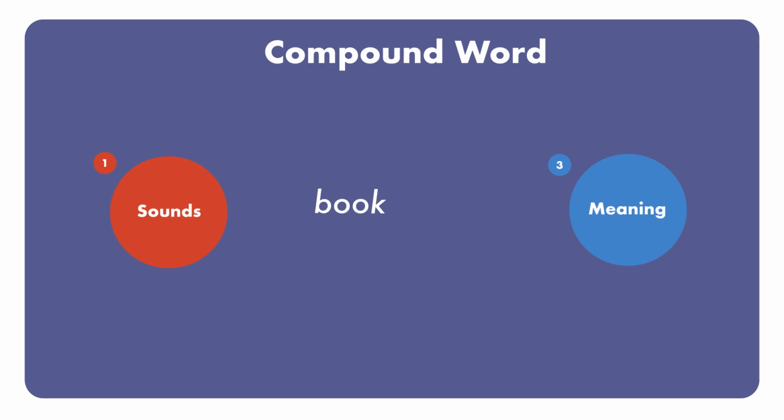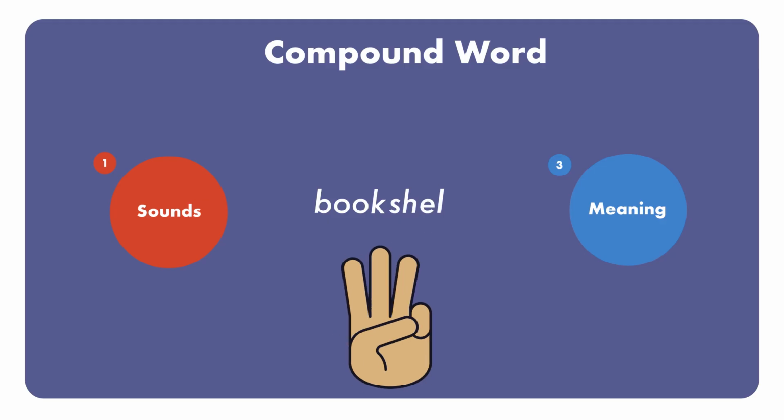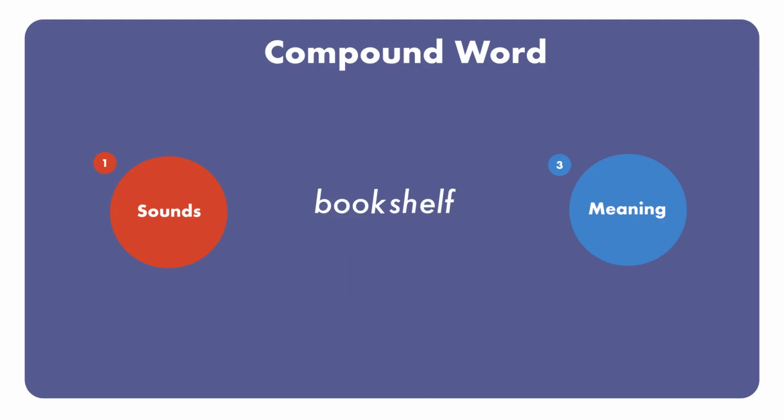First, write the word book using the letter K for the k sound because it doesn't come immediately after a short vowel sound. Then use the counting sound strategy to hear all the sounds in the word shelf. Sh, e, l, f. A common spelling error here would be to leave out the letter L because it can be hard to hear consonant sounds when they are next to each other.